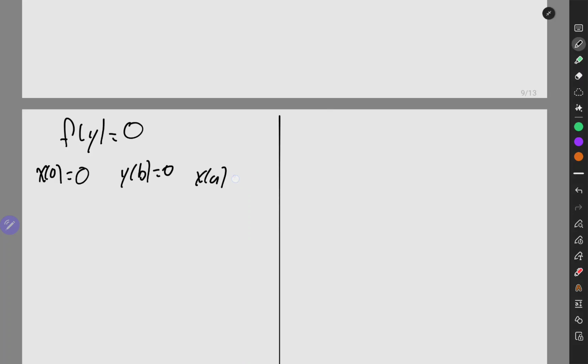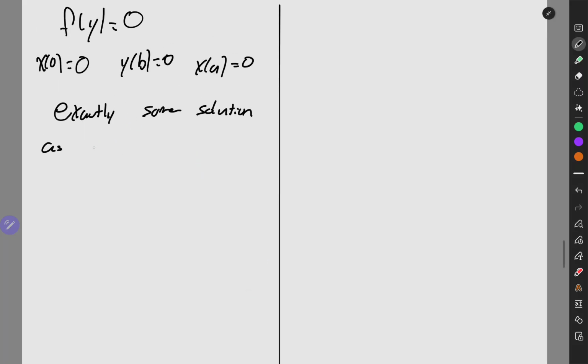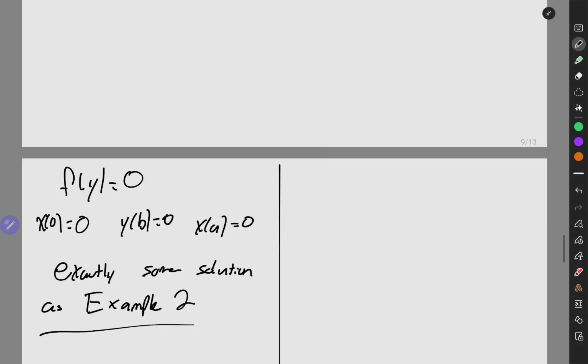So we already know what the solution is to that one. Exactly the same solution as example 2. So we don't even have to do that part.